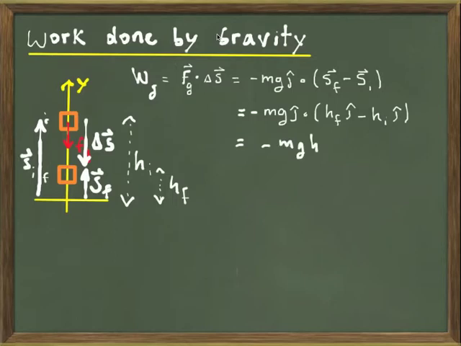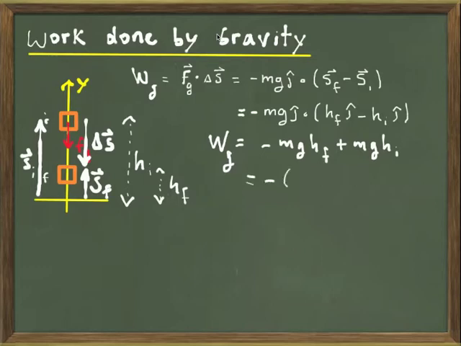So now I split that dot product. I do this term dot product with this, and this term dot product with that. So the first term will be minus mg hf, and then j hat dot j hat, that's just one. Then the second term is minus mg times minus hi, so that gives you a plus mg hi, and the dot product between j hat and j hat is just one.